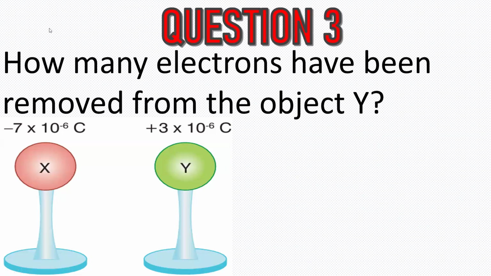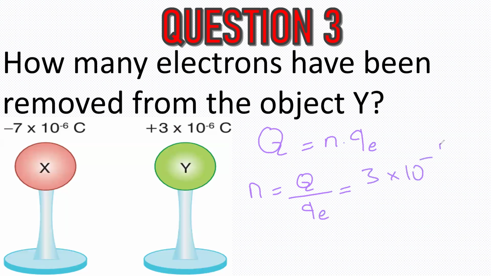Let's answer together now. The formula is still the same, Q is equal to N times Qe. N equals charge over Qe. And then our charge is plus 3 times 10 to the power of negative 6.